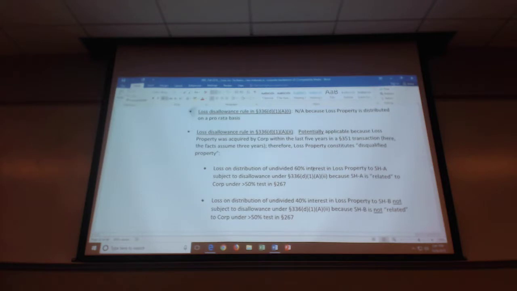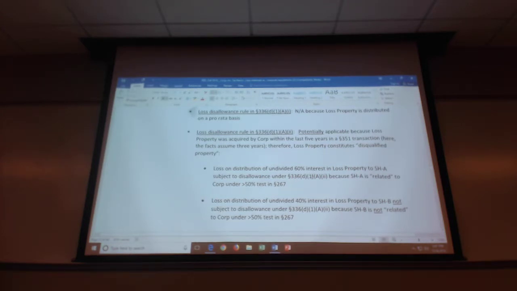And this provision, though, applies only if there's a distribution to a related party. So what do we have here? Well, we had a pro rata distribution. So 40% of the lost property was distributed to shareholder B. 60% of the lost property was distributed to shareholder A. How do you analyze that?